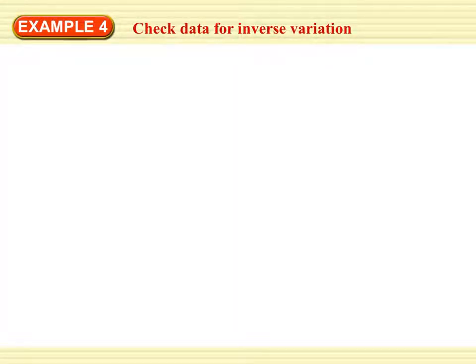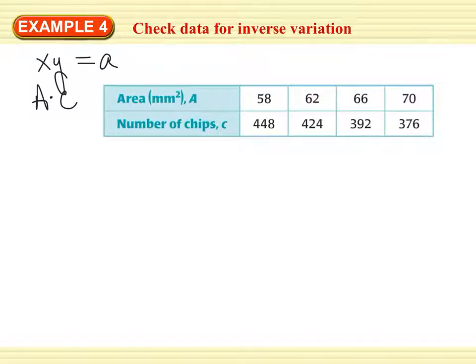So first, we are going to calculate the product AC for each data pair in the table, okay? Remember we said XY equals A, so we're actually going to multiply A times C for each one. I'm going to push pause and finish multiplying because you don't need to wait for me to multiply two numbers. You guys can do the same.